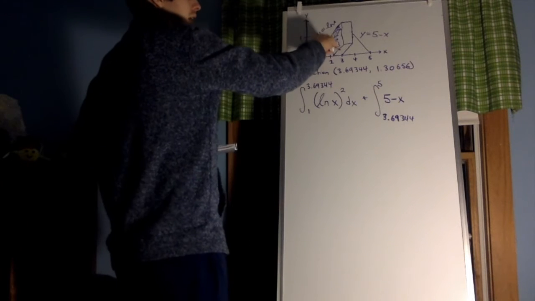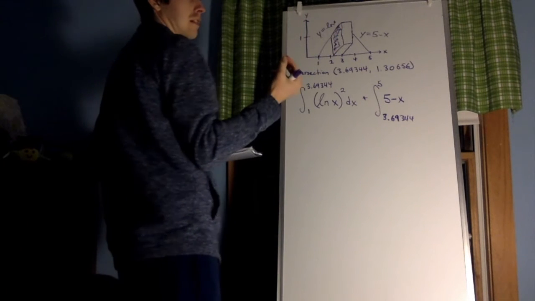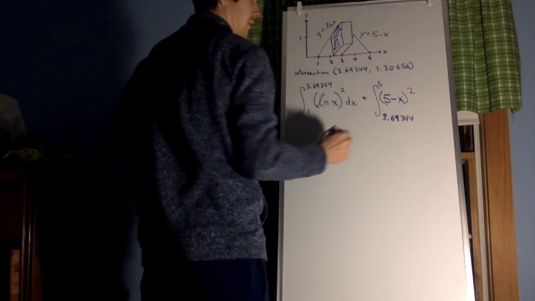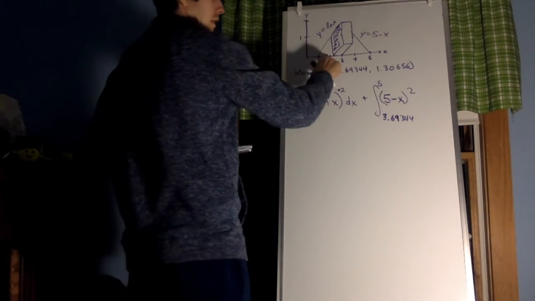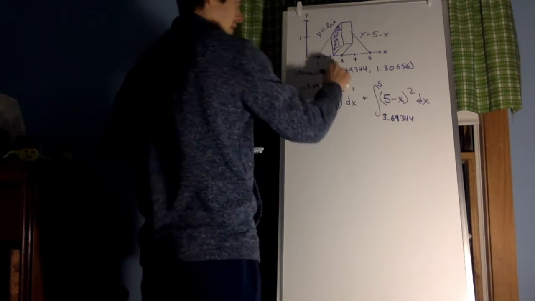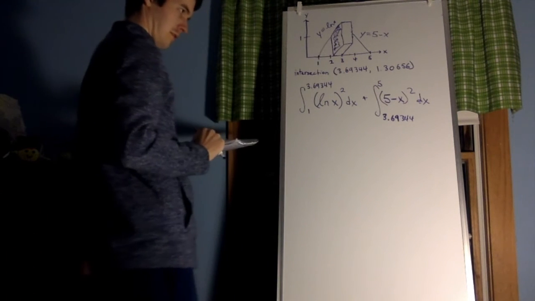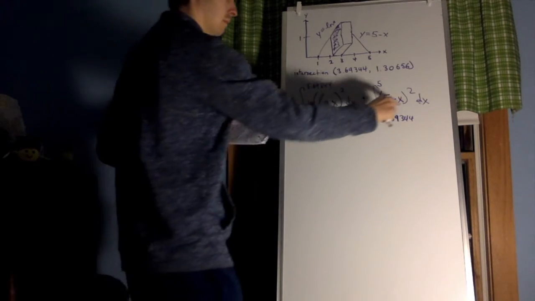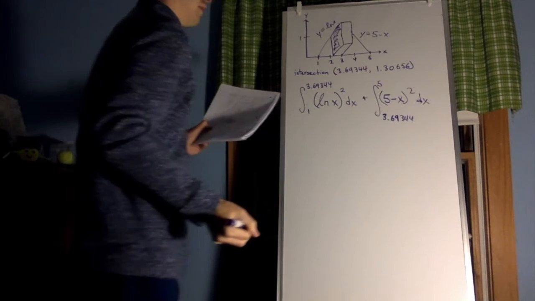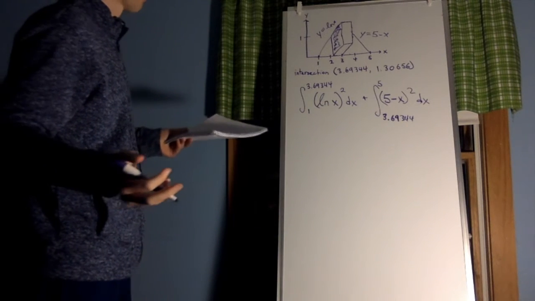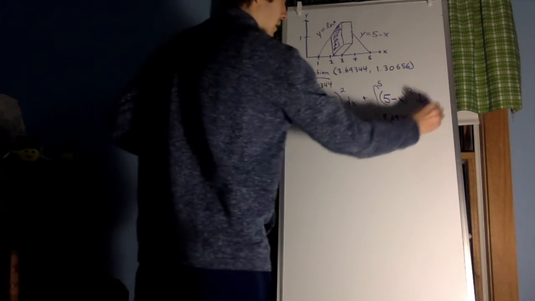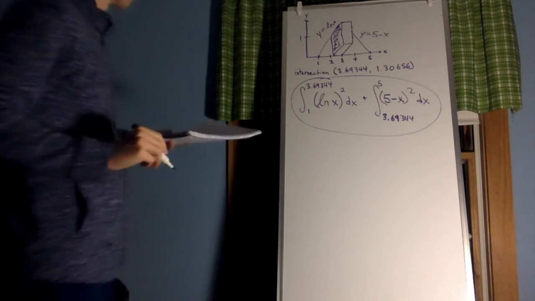But again, because it's a square, I need to square it. And just like before, it's with respect to x because our width there is dx. And because you don't have to evaluate the integral, this is going to be your answer right here.